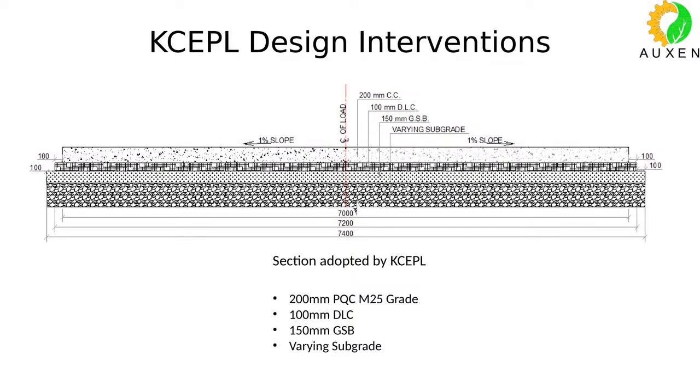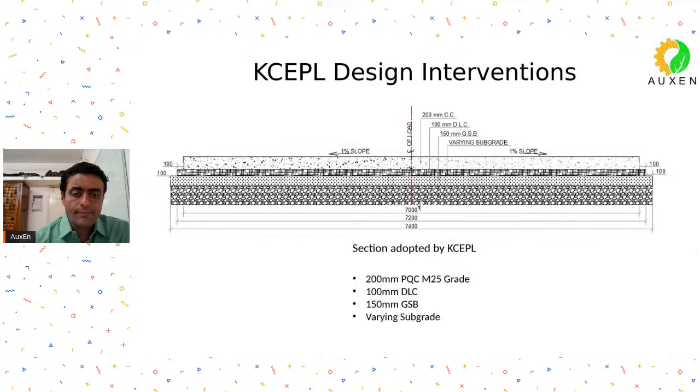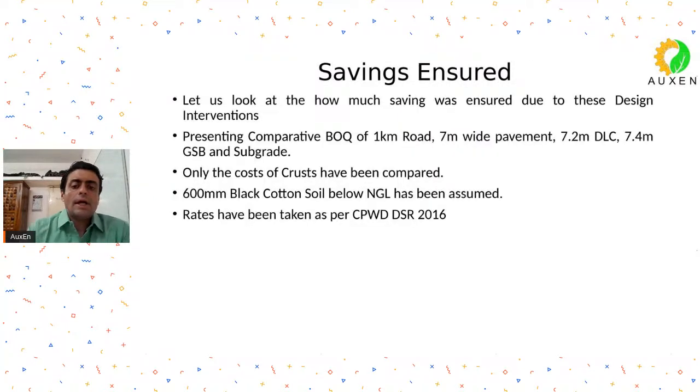If you can see, 200 pavement quality concrete, M25, 100 DLC, 150 GSB, and a varying subgrade on the basis of the black cotton soil that we will encounter. So, do you get it? This is what we did and how this ensured savings.